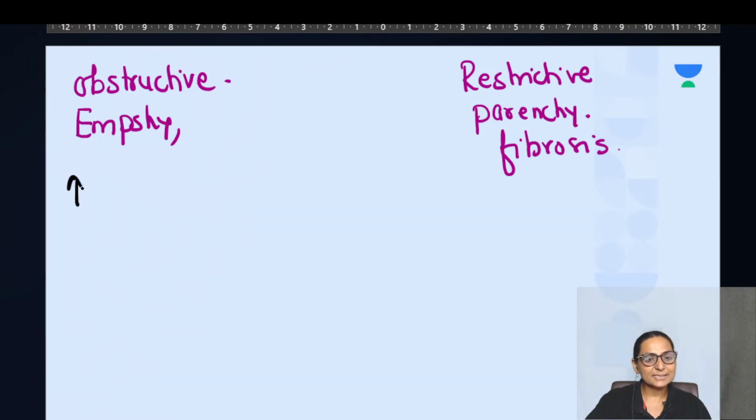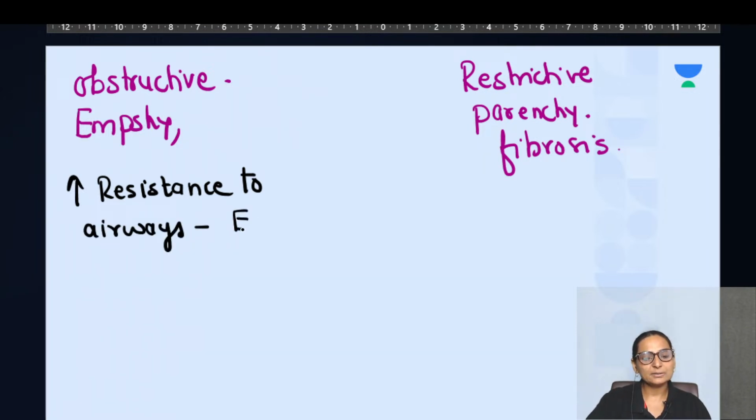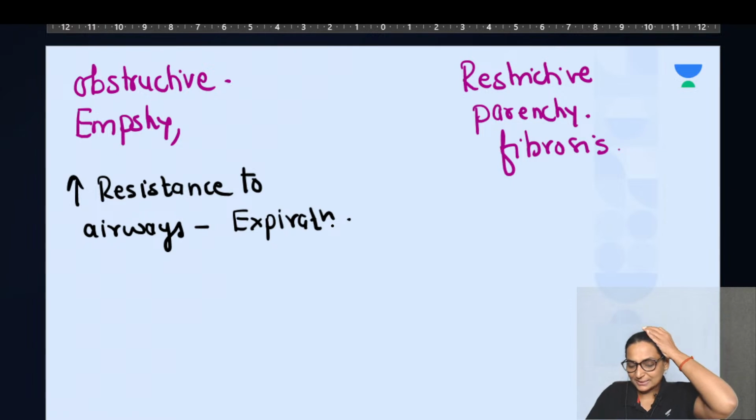So in any condition where the taking in of the air becomes difficult, in obstructive lung diseases, there is an increase in the resistance to airways, more during expiration. Expiration is more difficult, right? Myasthenia can also be a restrictive kind of disorder if it is affecting your respiratory muscles.